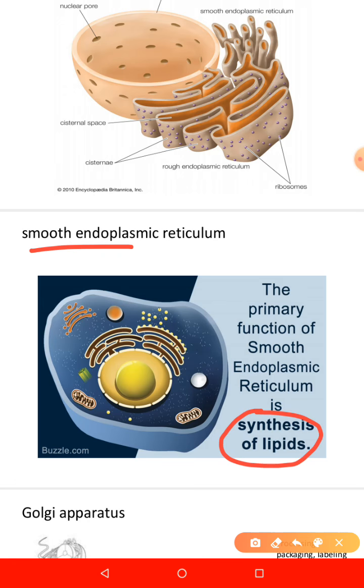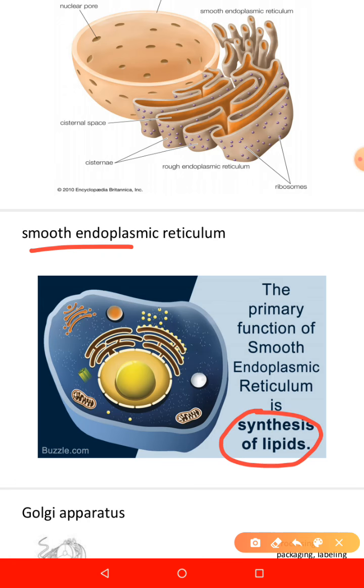And we know that cholesterol, steroids, they are very important in synthesis of sex hormones or steroid hormones such as aldosterone, testosterone, estrogen, androgens. They all need the cholesterol. So it is involved in de novo synthesis of cholesterol.